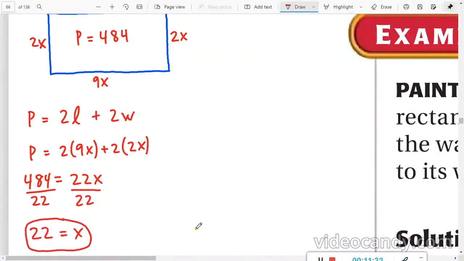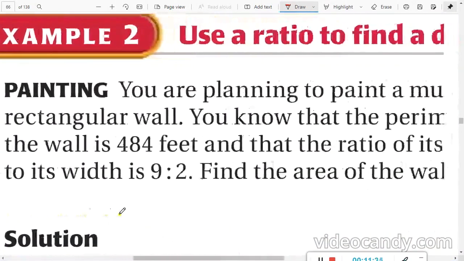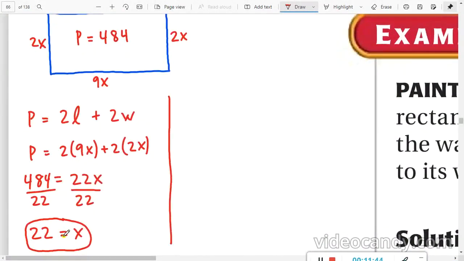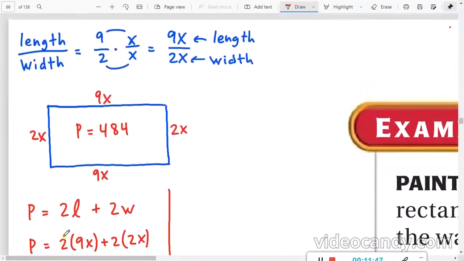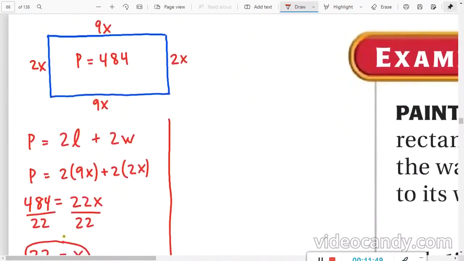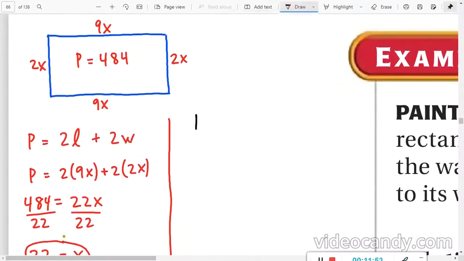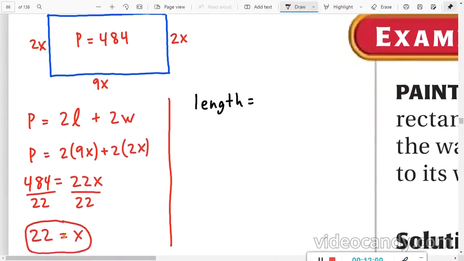Now that's not quite what they asked. They wanted to know the area of the wall. So let's see. x is 22. So now we have the length equal to 9x. But x is 22.